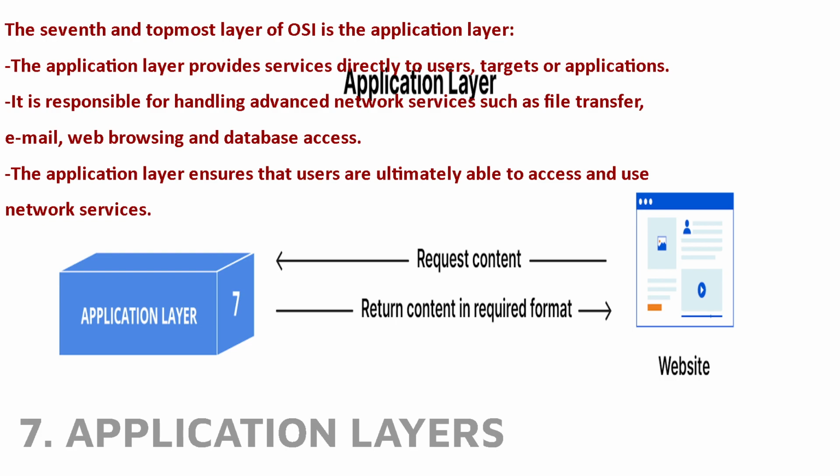It is responsible for handling advanced network services such as file transfer, email, web browsing, and database access. The application layer ensures that users are ultimately able to access and use network services. So it's basically what we see on our computer, the data that has been transferred.